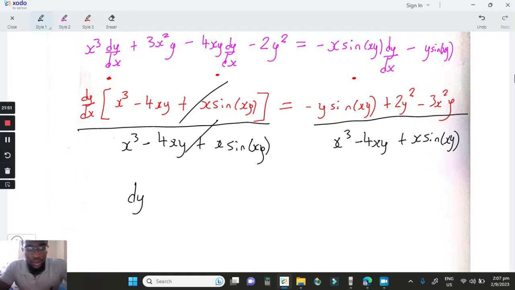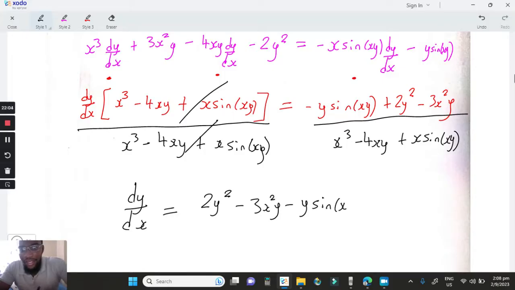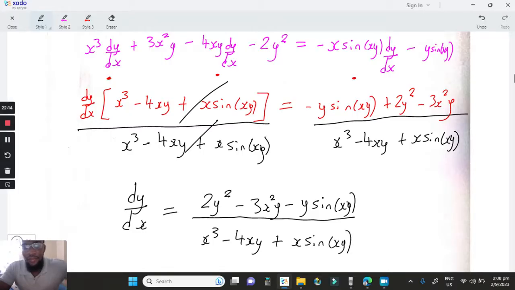So now we get the gradient function dy by dx is, I like to write the positive term first, 2y squared minus 3x squared y minus y sine xy over x cubed minus 4xy plus x sine xy. That's it.